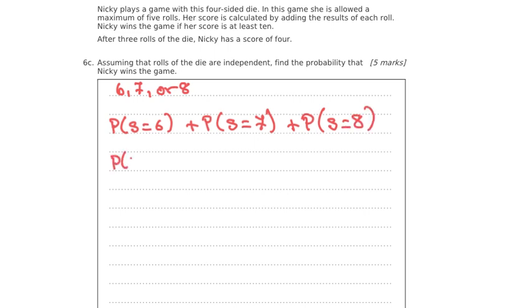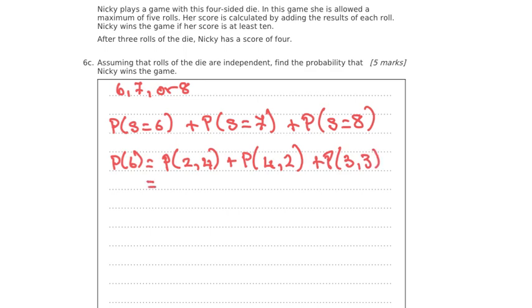The probability of 6 is equal to the probability of a 2 and a 4 plus the probability of a 4 and a 2 plus the probability of a 3 and a 3, which is 0.3 times 0.1 plus 0.1 times 0.3 plus 0.2 times 0.2, which is equal to 0.1.